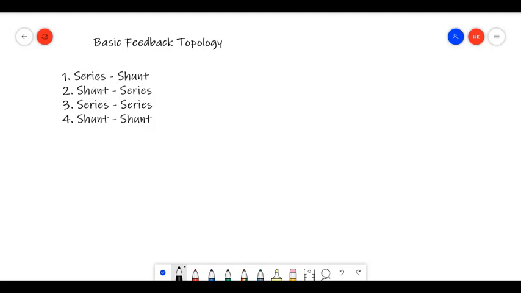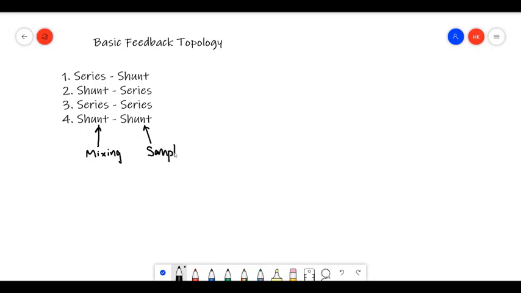First of all, what do we mean by series-shunt? The first word explains the mixing method, and the second word explains the sampling method, right?